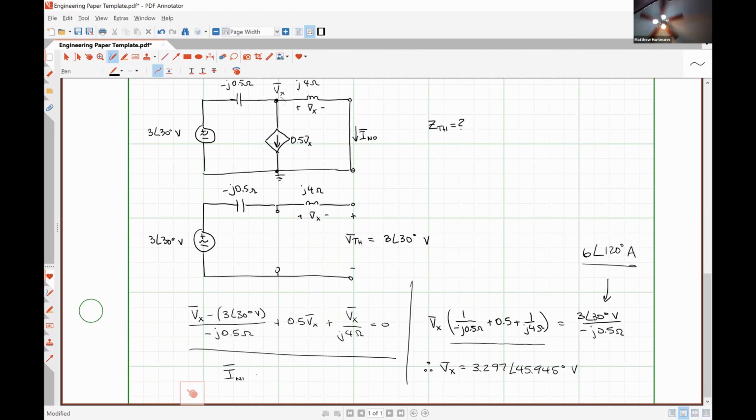And coming back over here, now that I know what Vx is, what's I Norton going to be? Norton's going to be the Vx divided by the J4 impedance. Yep, that's exactly right. Vx over J4 ohms.